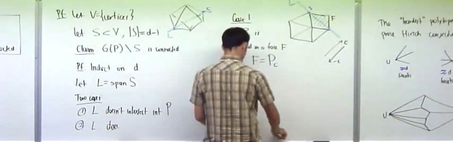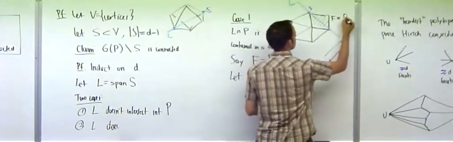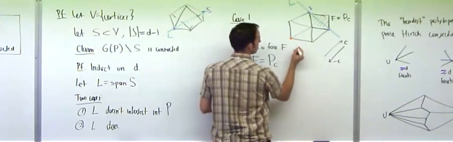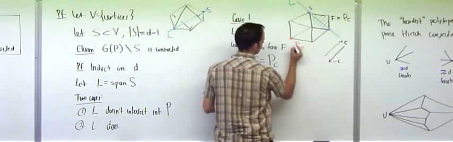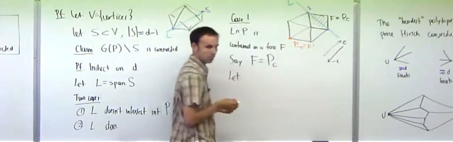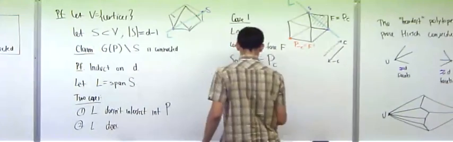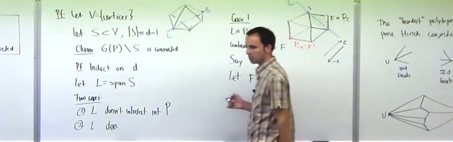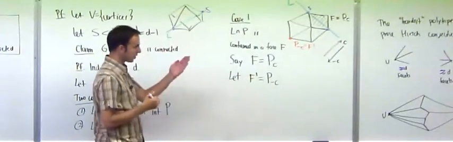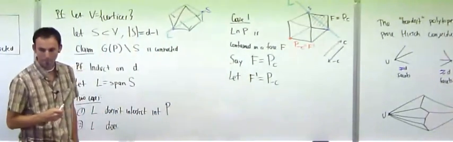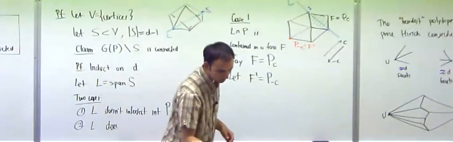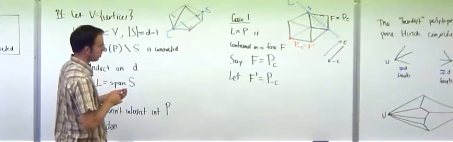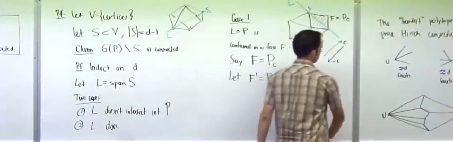Here F is the optimal face in this direction, and in the opposite direction it looks like this is the optimal face. So let F prime be the piece of minus C, in other words, where the linear function C is minimized. Now, what's the point? What I want to argue is the following.